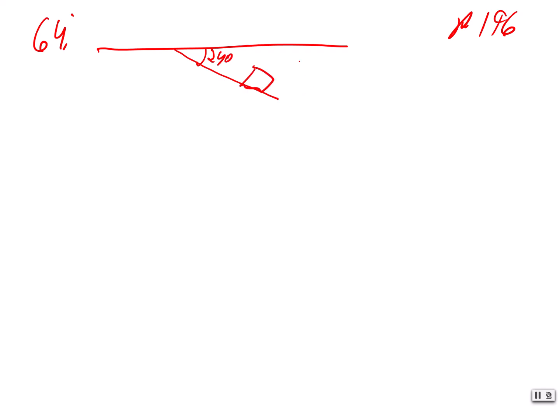There's the crate. The mass of the crate, or package, sliding is 5.00 kilograms. Of course, we got g, which is negative 9.8 meters per second squared. And it slides 2.8 meters down a long ramp that's inclined.